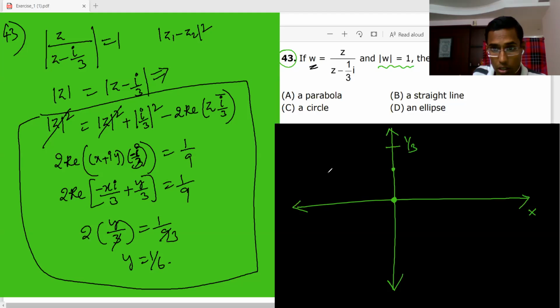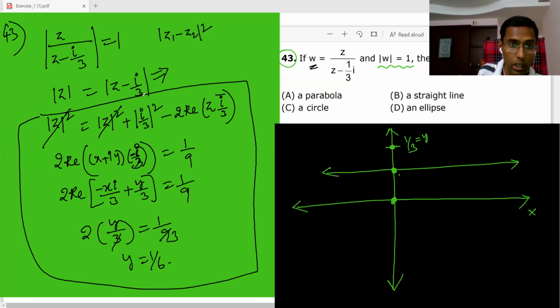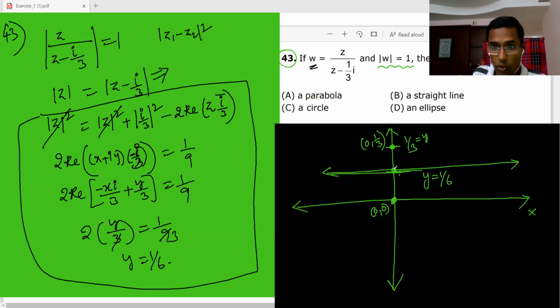That means it must be here, on this line. Obviously this is a horizontal line, y equal to some constant. So Z is equidistant from i/3 and the origin (0, 0). i/3 means the point (0, 1/3). So from here and from (0, 0), equidistant means it must be at the midpoint. Therefore this is y equal to 1/6, because this is 1/3 and half of it is 1/6.